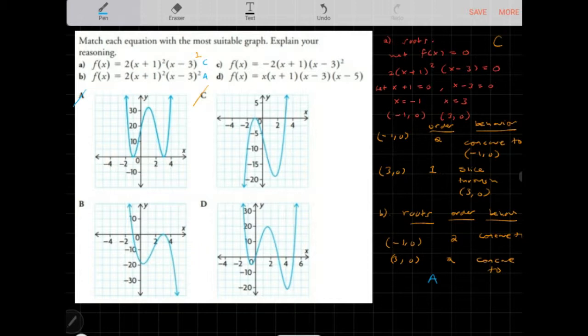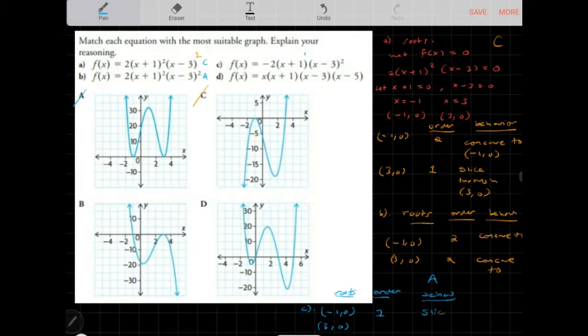Let's take a look at part C, right? So I'm just gonna show you, you know what, I could probably fit some space here. If you're looking at part C, let's look at roots, order, the behavior. Okay, so in part C, the roots here are negative 1, 0, and the other root here is 3, 0, and you can see that the order here for negative 1, 0, for x plus 1, it's power 1.